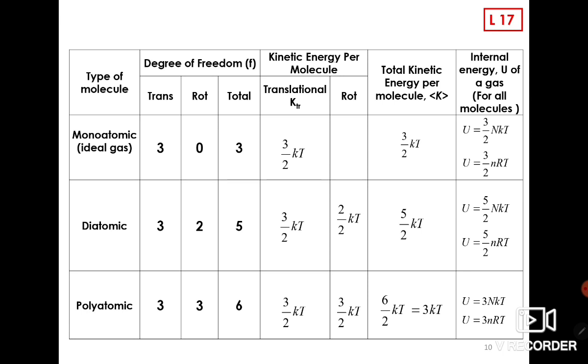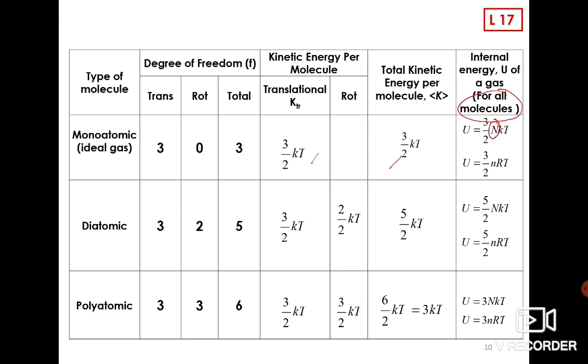The kinetic energy per molecule for monoatomic gas, meaning average, is 3/2 kT. Total kinetic energy per molecule is the same as this one, but this one is internal energy for all molecules, so we must multiply by the number of molecules. Same goes for diatomic and polyatomic.